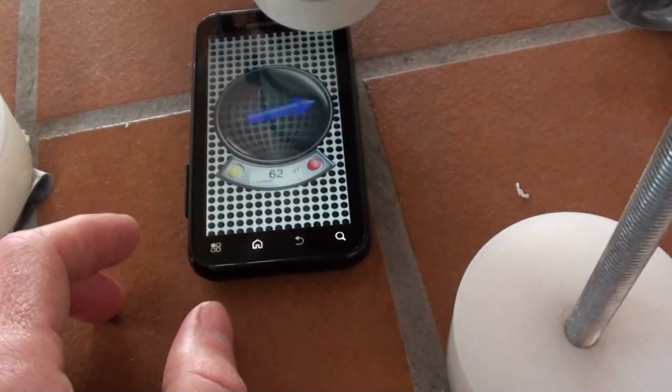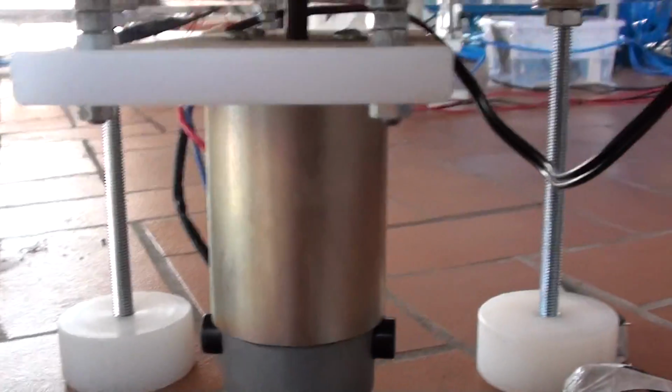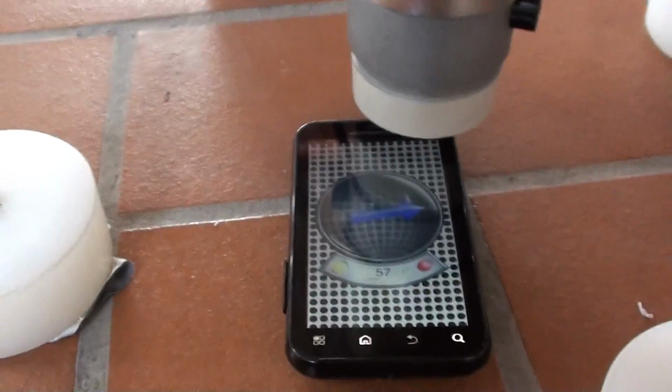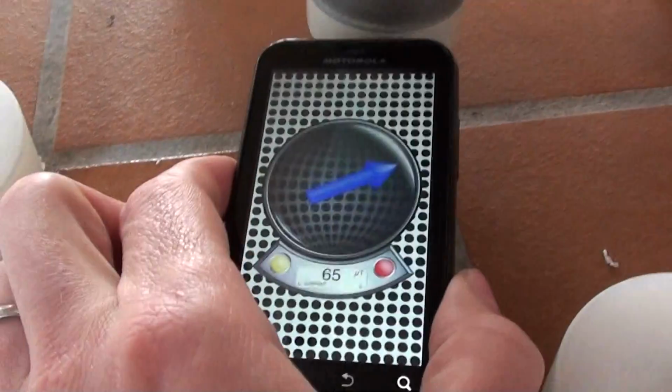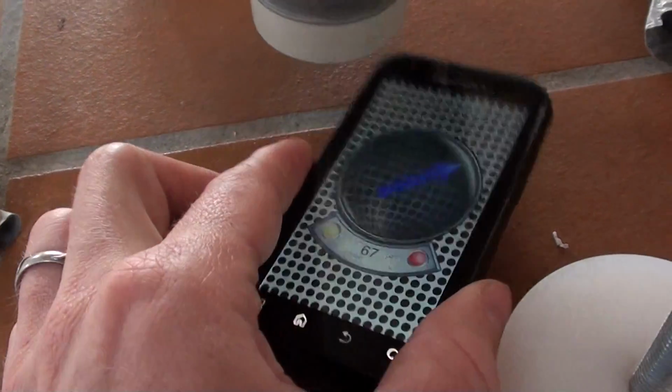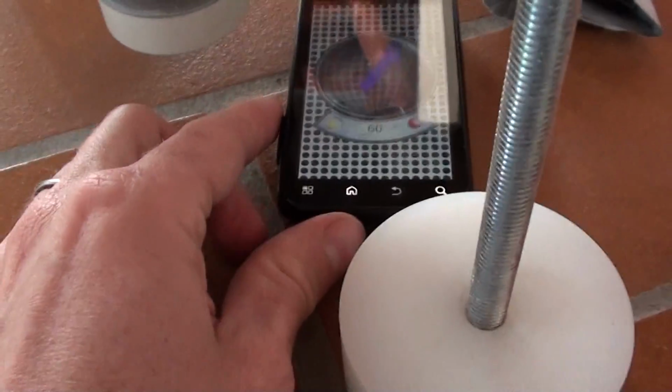So we are near the motor now. The motor is running here. And we can see the changes.